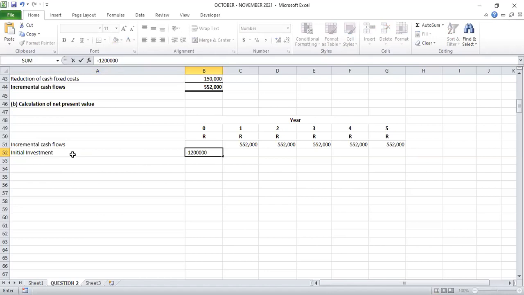So always remember that the initial investment, and sometimes they can also give you working capital, we're supposed to show them as negative.